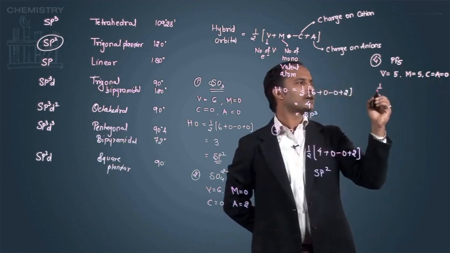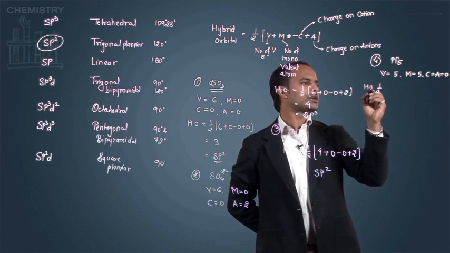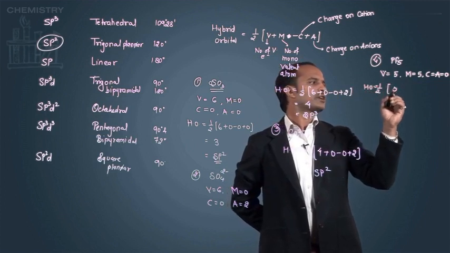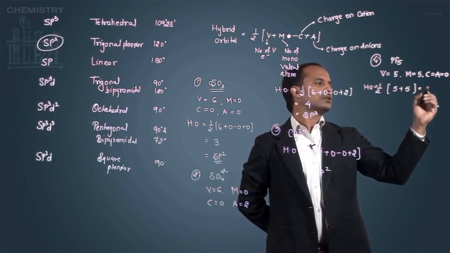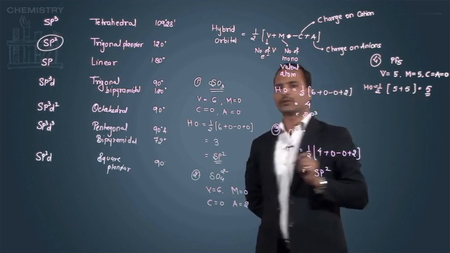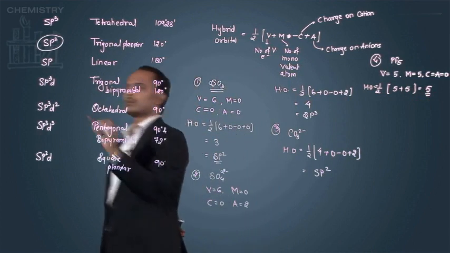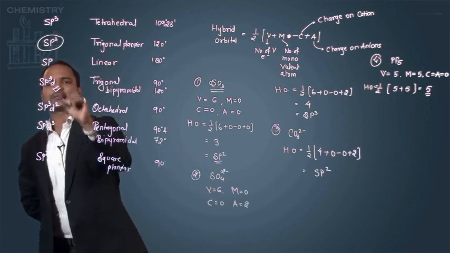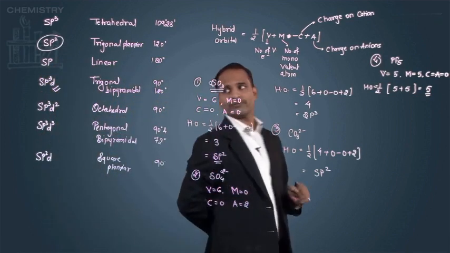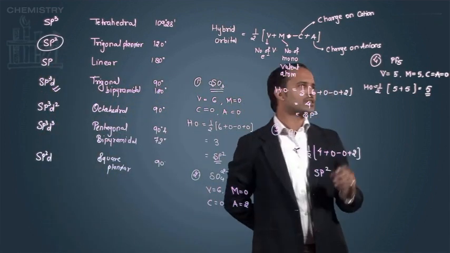So the number of hybrid orbitals is half of 5 plus 5, that is 10 upon 2, so the total number is 5. Five half-filled orbitals means it undergoes sp3d hybridization and will have a trigonal bipyramidal shape.